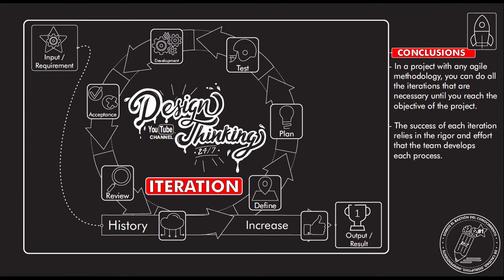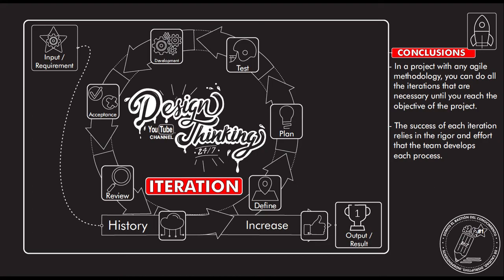As a conclusion, we can say that in a project with any agile methodology, you can do all the iterations that are necessary until you reach the objective of the project. Because people say, okay, how many times do I need to make iterations to reach my purpose? It's very hard to say, because it really depends on the requirements of what you're looking for.